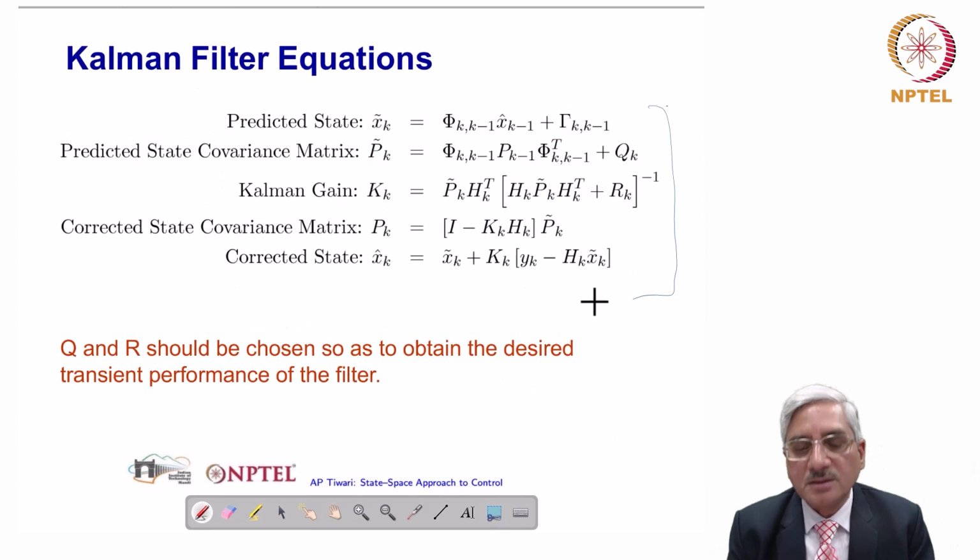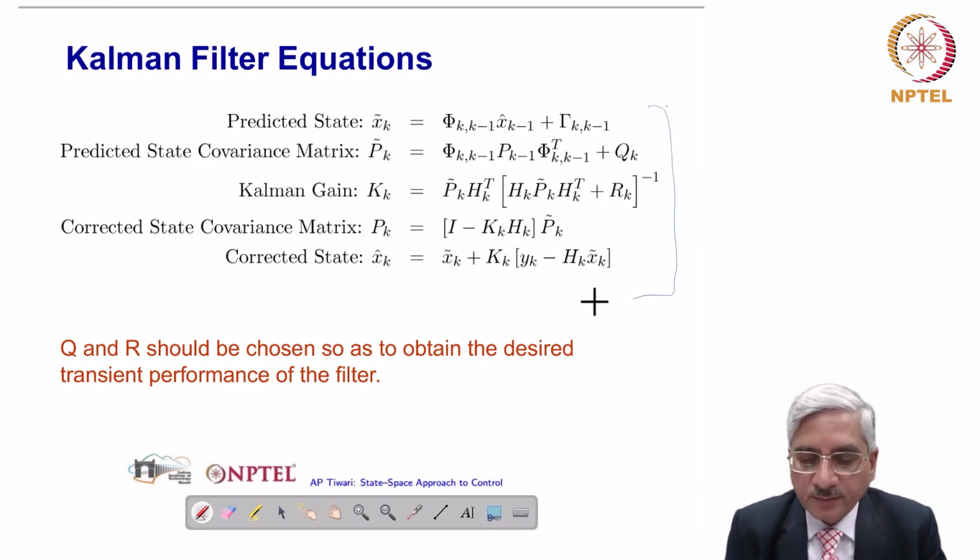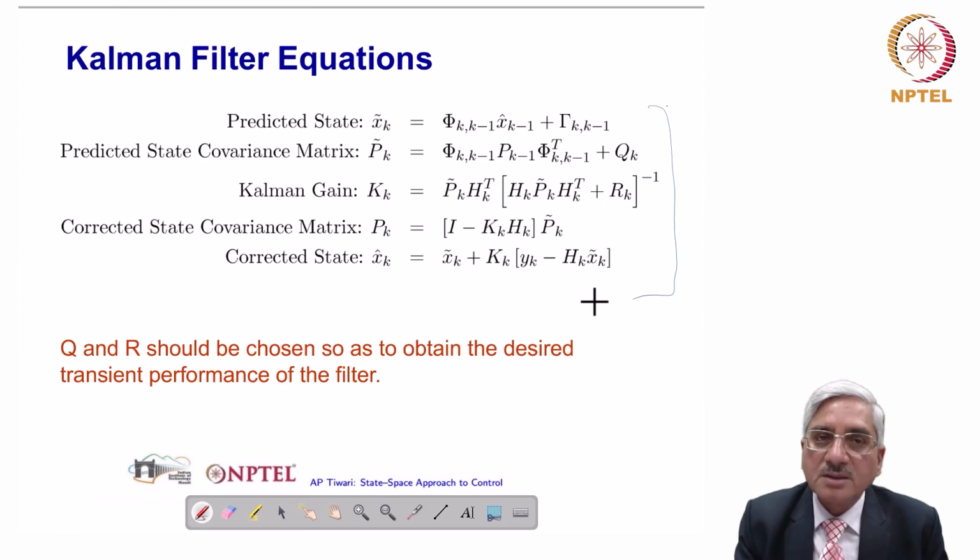The notations may be slightly different from the notations which I used in the earlier lectures on the Kalman filter. But irrespective of the notations, let us understand that given the system model, I'm sorry, uk minus 1 is missing here.